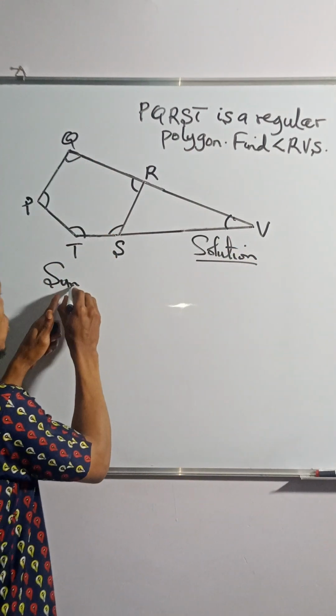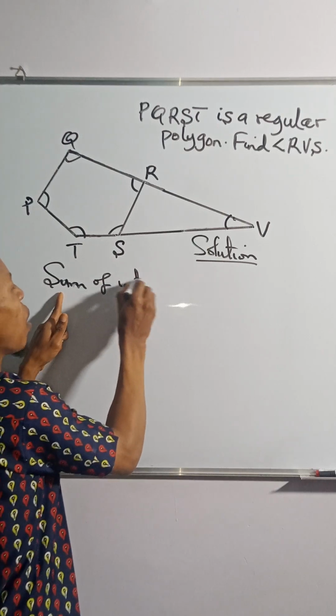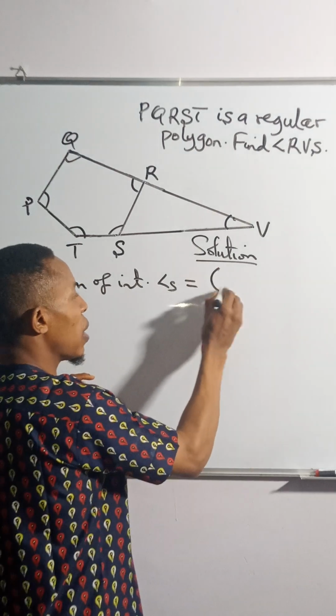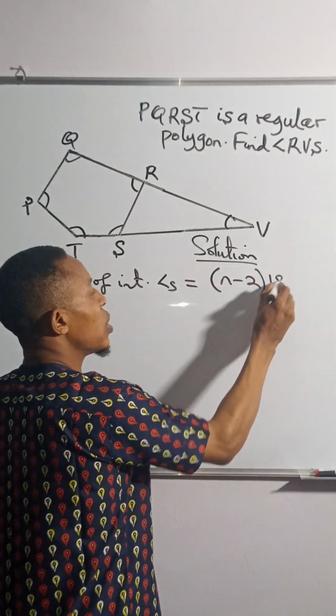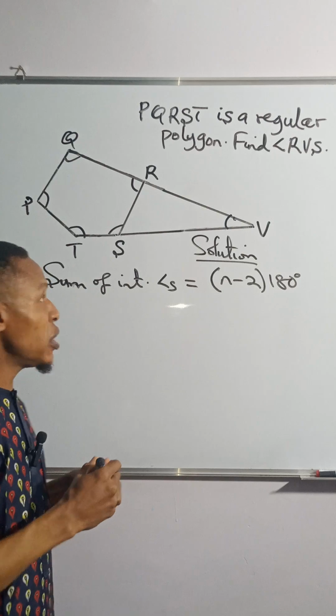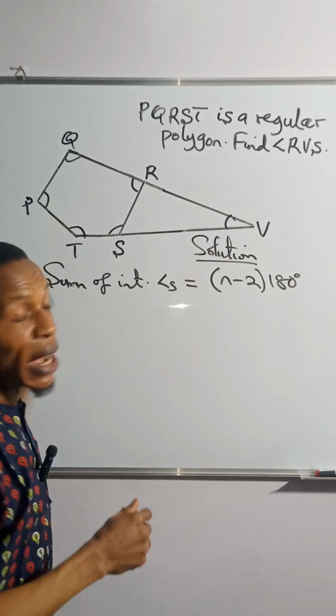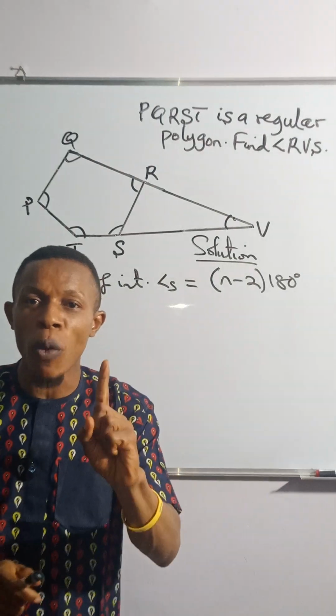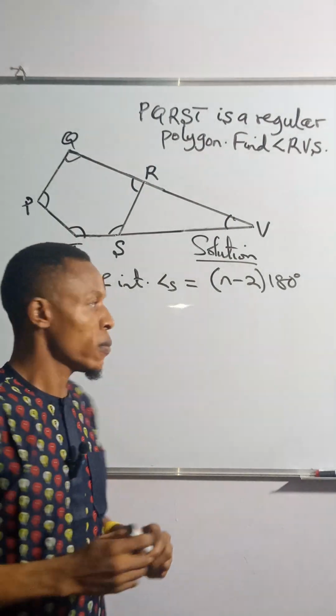We know that the sum of interior angles of a regular polygon is given by the formula (n minus 2) times 180 degrees. That means if we want the sum of all the interior angles. But what if we want to find just one interior angle?